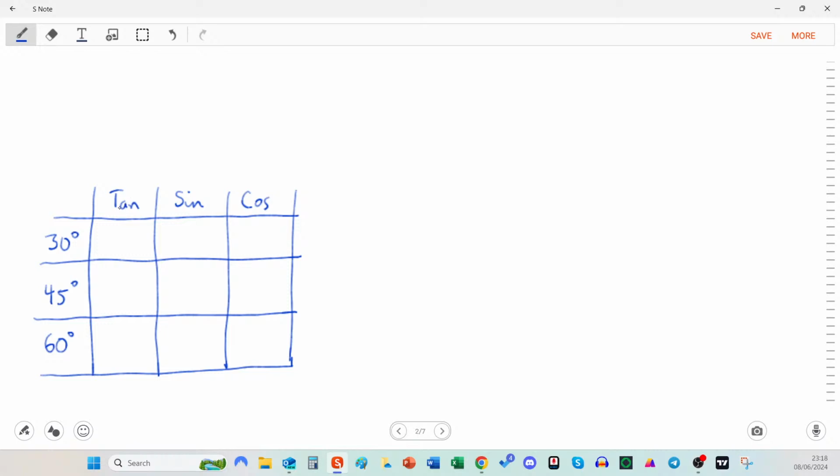So if we want to find tan 30, what is that? Well, typically if you put tan of anything in a calculator, you try it now if you want, tan of 32, and for those that don't have a calculator, it's 0.62486. It's not very nice.